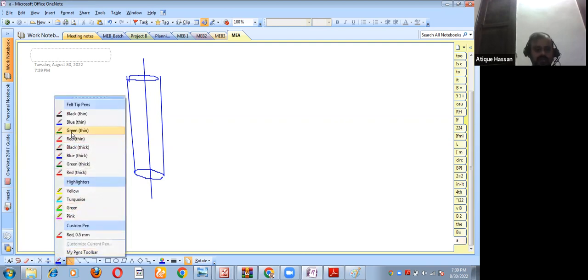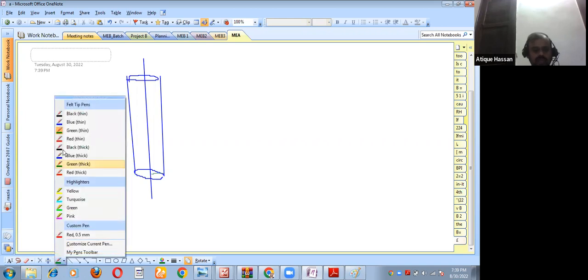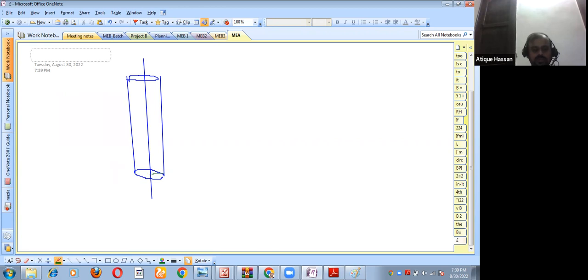And suppose the radius of this thick wire is A.